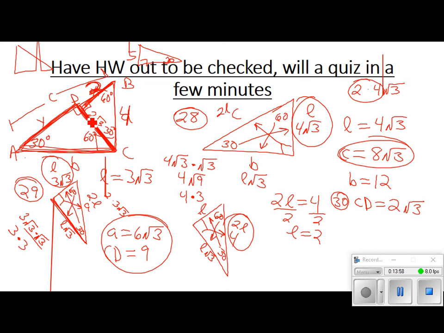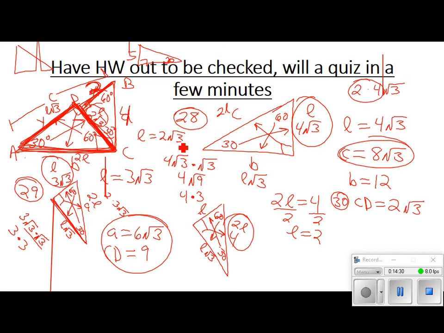If we use this triangle, and we know that that side's 2 radical 3, that's the side across from the 30, so that's going to be our L. Side across from the 60 is L times the square root of 3, side across from the right angle is 2L. Those are the other 2 parts that we're looking for, those 2 parts right there. We know L equals 2 radical 3, and I know that this is getting to where you can't hardly see what I'm talking about now, and we'll hurry up and get through this problem.